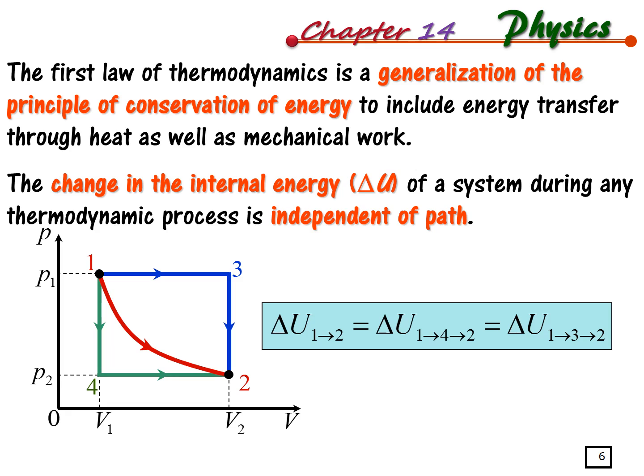We still use delta U equal to final U minus the initial U, where the initial U is state 1 and the final U is state 2. So that's the reason why the change in the internal energy of this system, that is the gas system of thermodynamic, is independent of path.